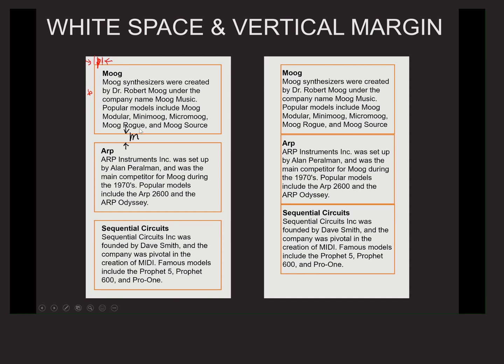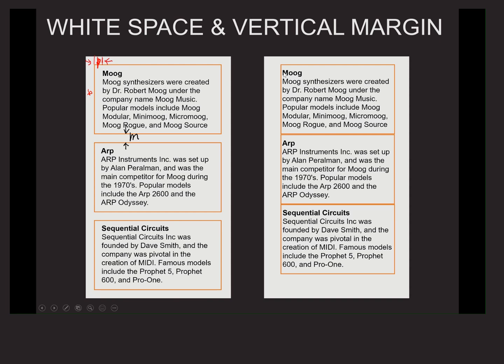And then in between boxes we also have white space. So margin is also white space, and padding is white space. We just consider this one white space. It's really white. And then if you look at the one without padding, without white space and vertical margin, it's not easy to read because there's no padding.